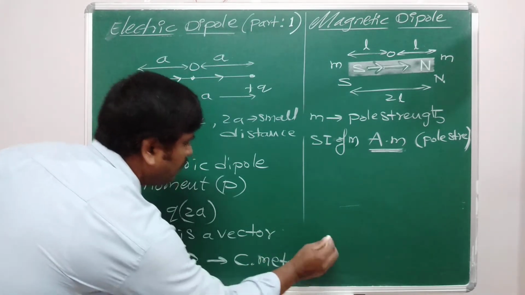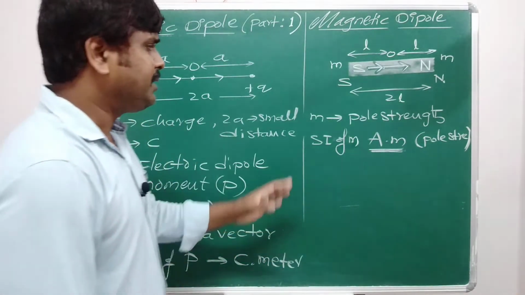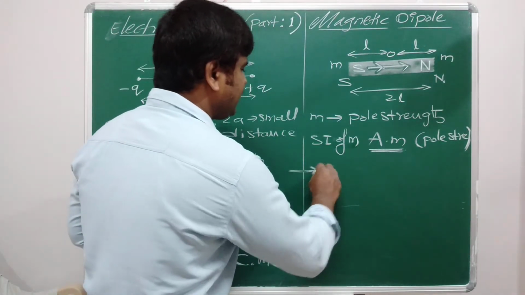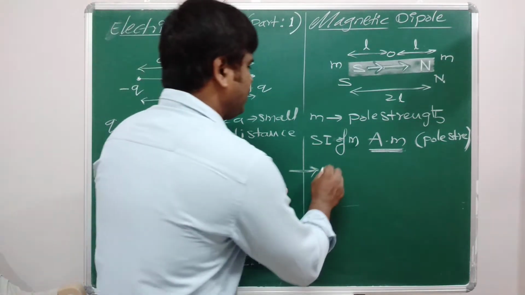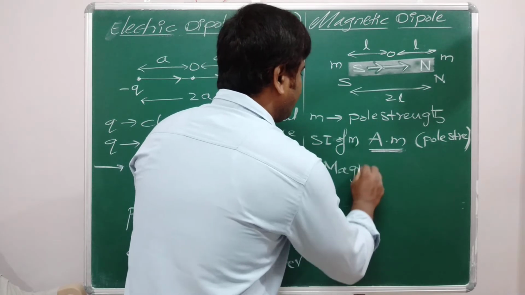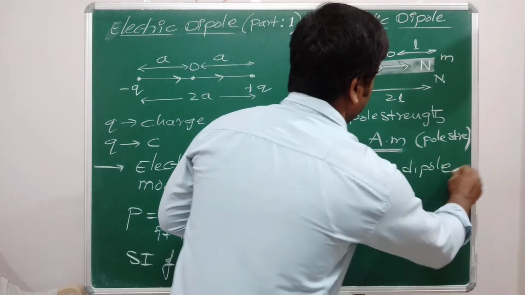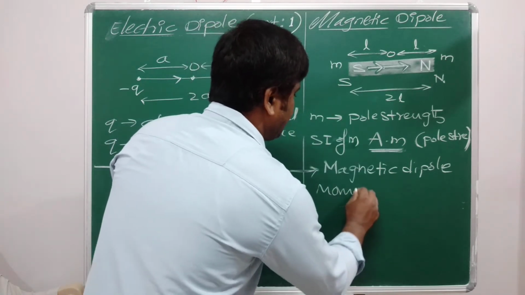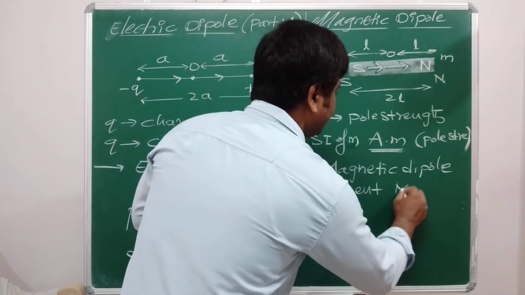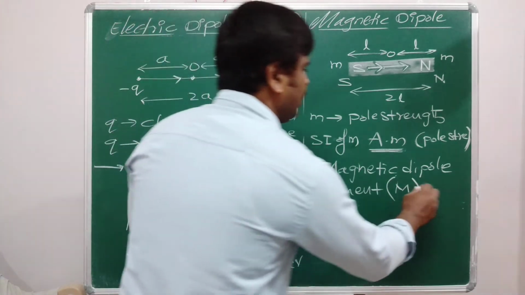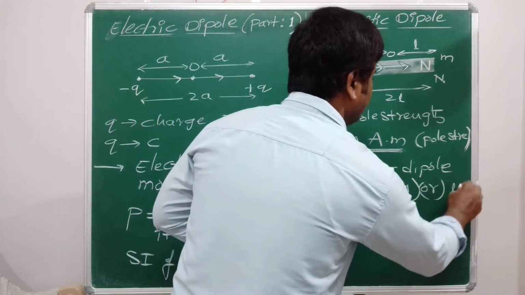And here we can discuss the magnetic dipole moment. The indicator letter is capital M or small mu also.